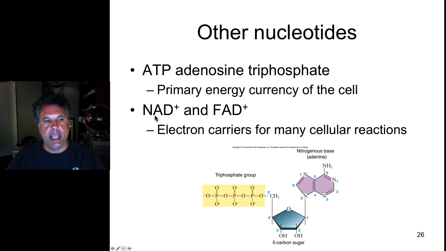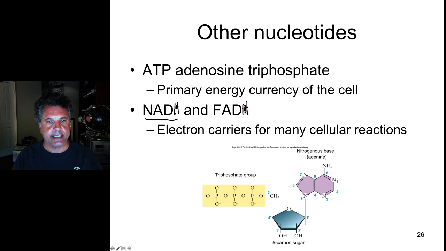And there are also NAD and FAD that are electron carriers. And we will see the passage of electrons in redox reactions. Remember, we talked about reduction oxidation. So NAD can accept basically an electron on a hydrogen, and it can become NADH, reduced NAD, by accepting an electron.